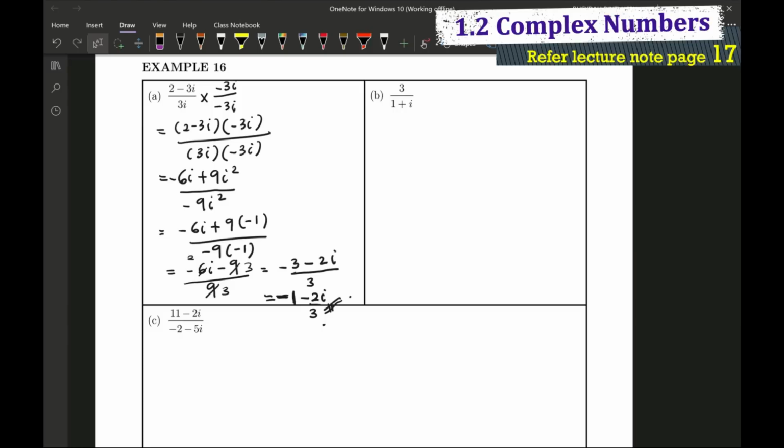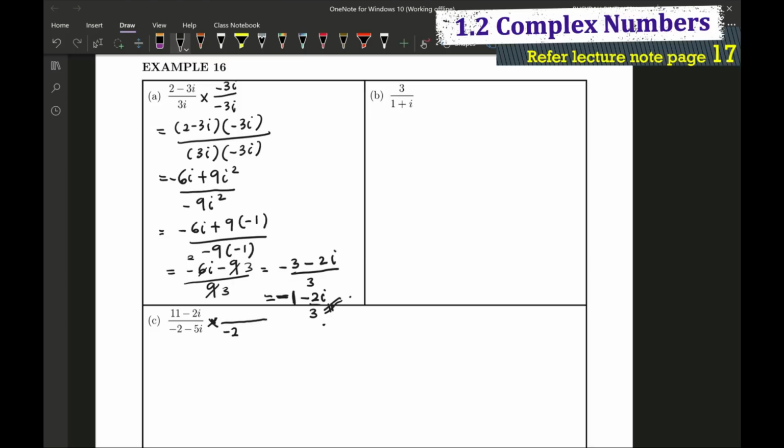Conjugate of what? Numerator or denominator? Absolutely the denominator. Please don't get confused. For any fraction, we solve it with the complex conjugate of the denominator, meaning we don't do anything with the numerator.